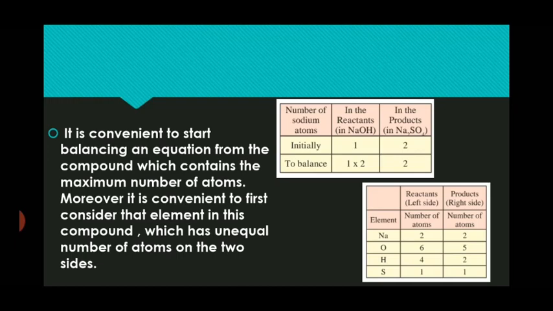Sodium on the right is 2 and on the left is 1. So we multiply NaOH on the left hand side by 2. We get 2NaOH plus H2SO4 arrow Na2SO4 plus H2O.